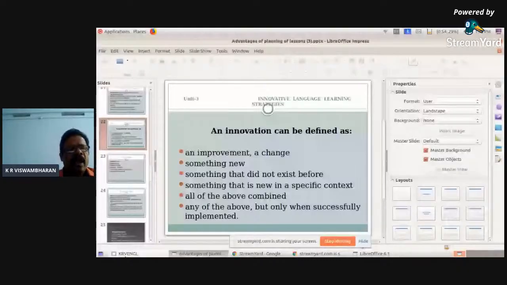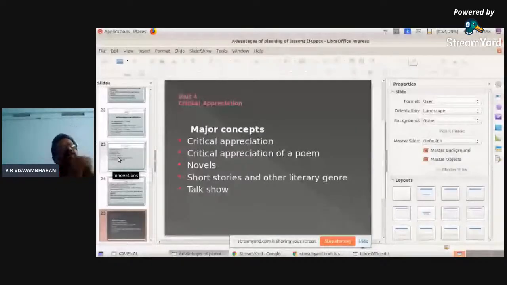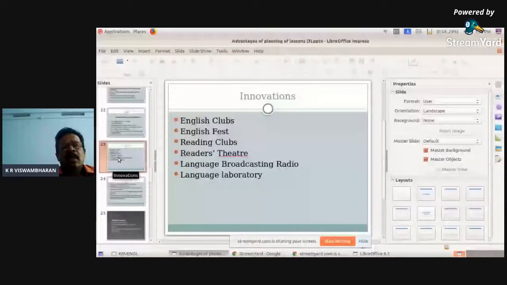And when we think about innovations in English language learning, there are certain innovative initiatives. In school education, in almost all schools, there are English clubs.